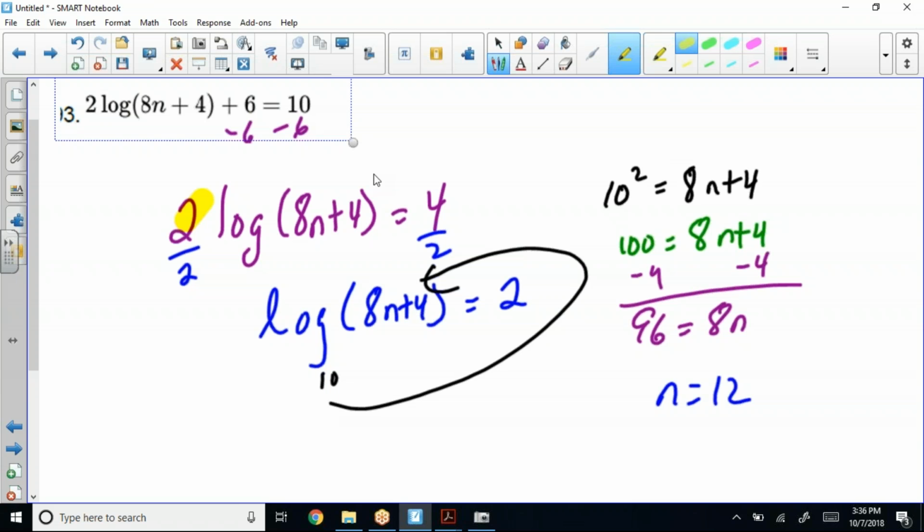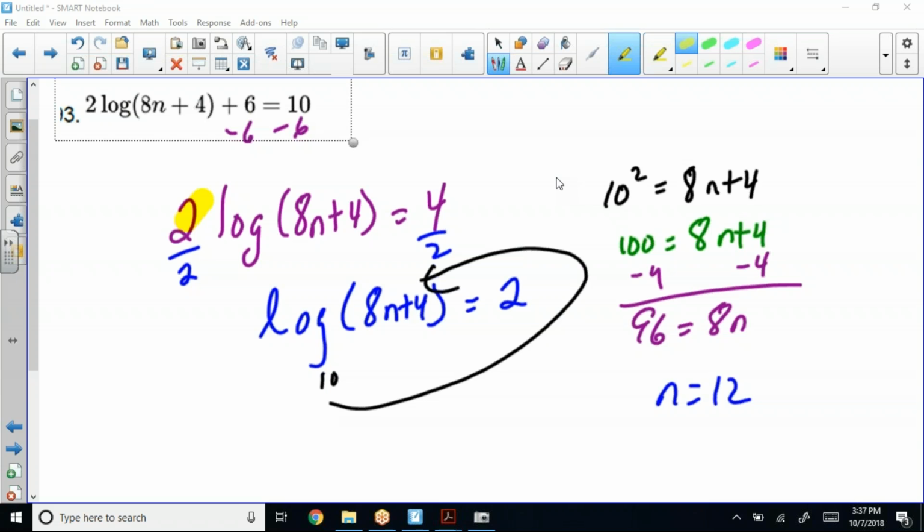You could put it back up there, but it would be a lot harder. Angela said when she did it, she got 2 answers, which would be a quadratic. That's absolutely correct. She got 12 and negative 11.